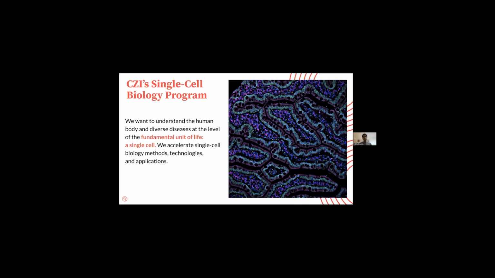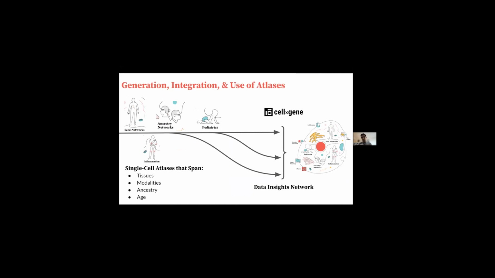And we do that by accelerating the field in terms of methods, technologies, and applications. So we have created a series of grants that are detailed here. I'm not going to go into much of the details because those grants are in the past and are getting to their conclusion. But essentially, these grants have been devoted to the generation of single cell data.